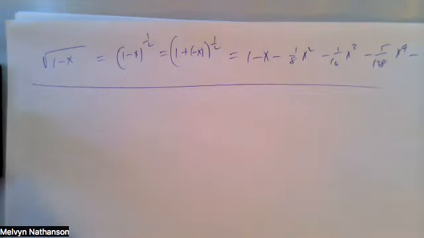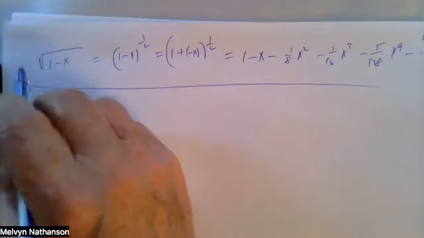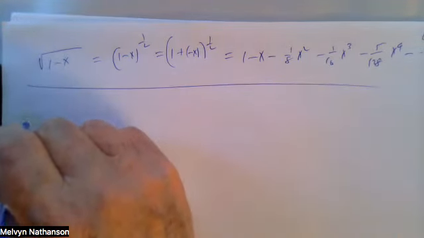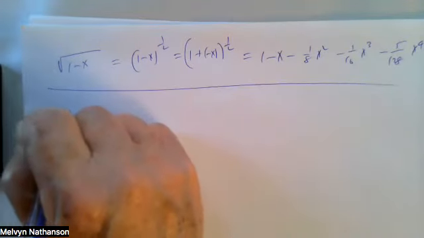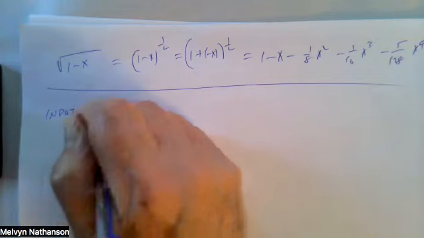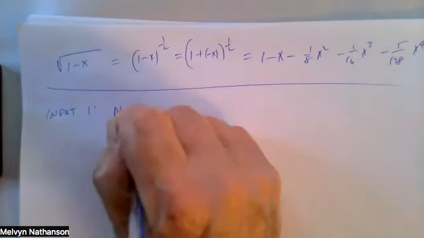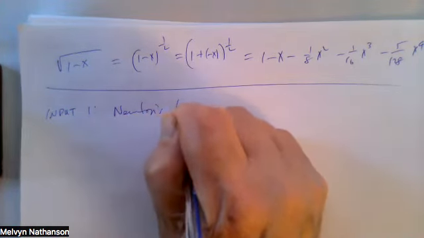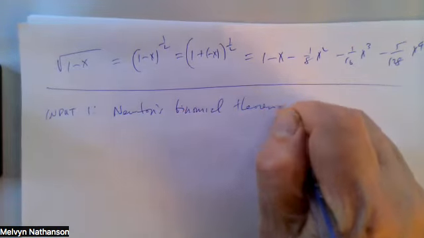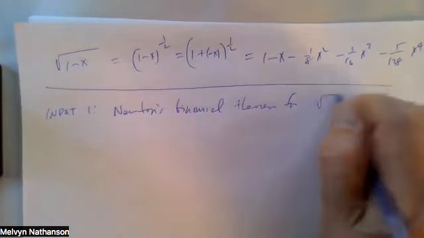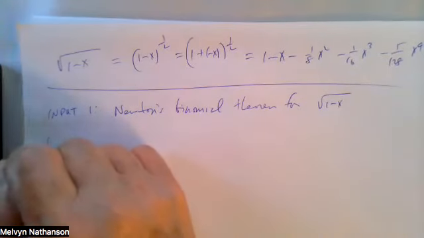So that's Newton's binomial theorem. So in getting to the great theorem, input 1 is Newton's binomial theorem for the square root of 1 minus x.